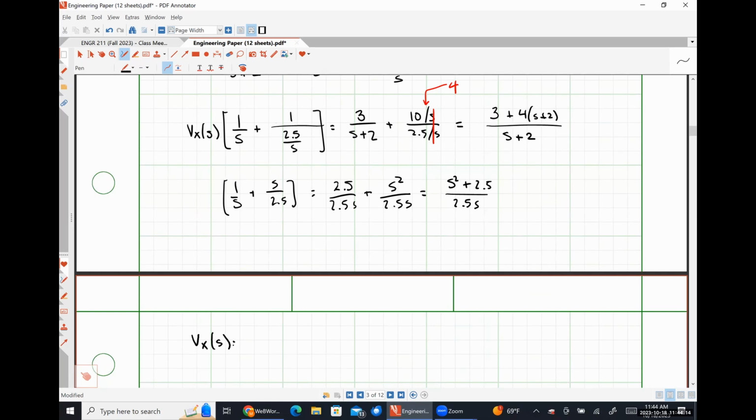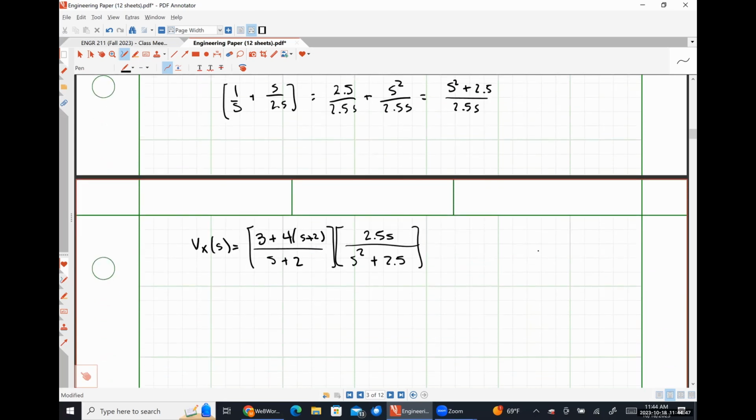So Vx of S would be 3 plus 4 times S plus 2 divided by S plus 2, multiplied by S squared plus 2.5. No, sorry, 2.5 S divided by S squared plus 2.5.